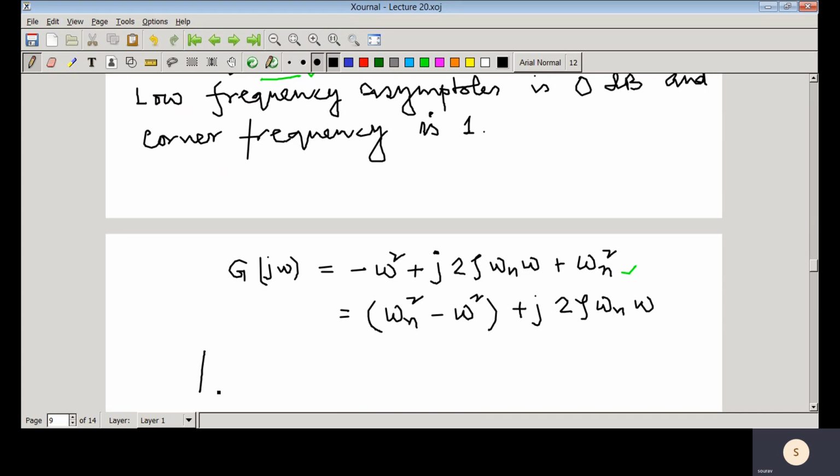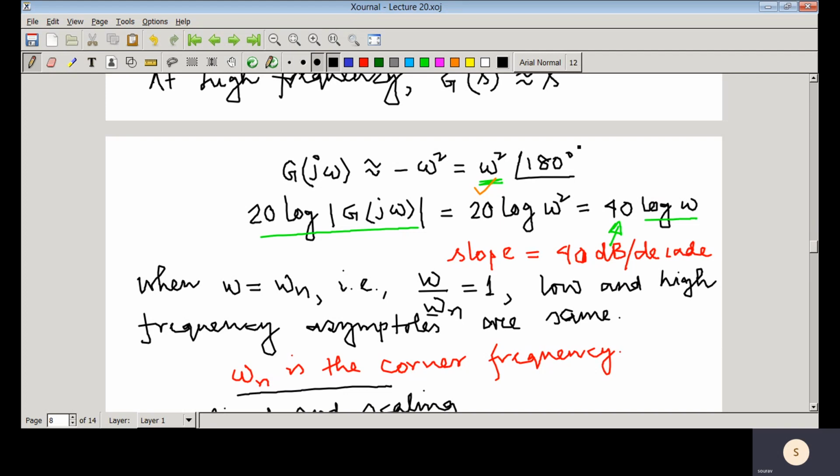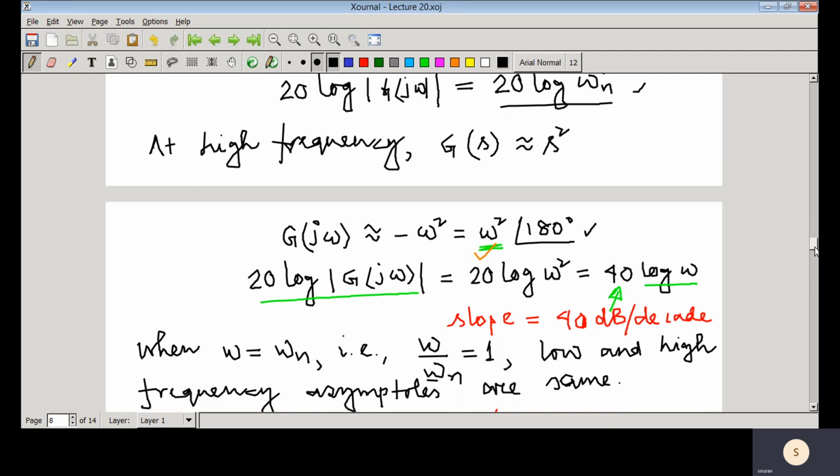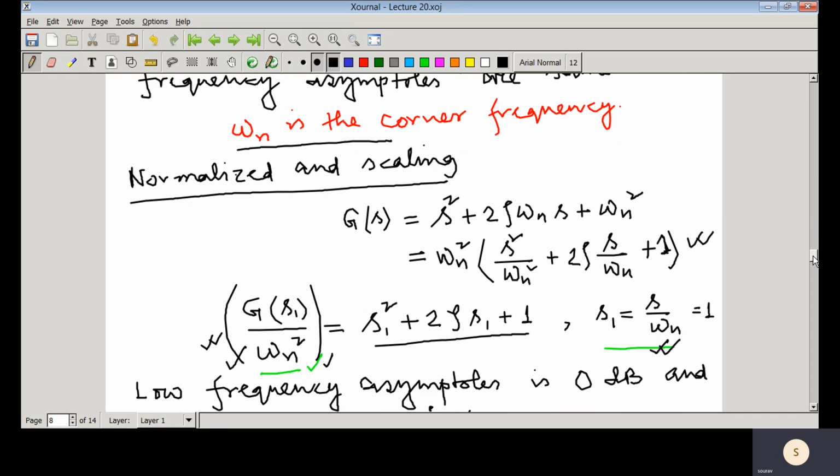For the angle, in the case of second order systems we have already seen that at high frequency it goes to 180 degrees.